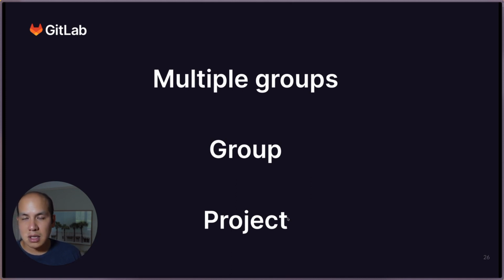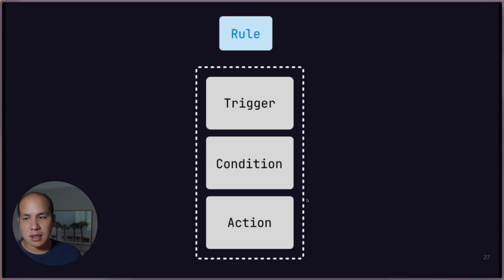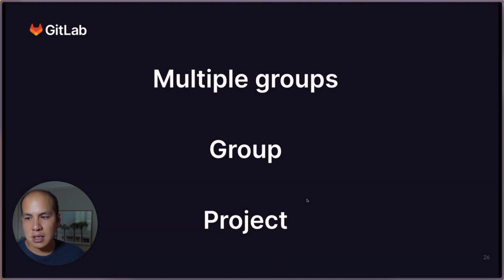And we need to look at this also across multiple groups and see how that may cascade down. One model that we could start to implement is looking at the rule, thinking about fitting the user interface into a trigger, condition, action so that it's a familiar interface, whether you're approaching things at a high level or down at the project level.